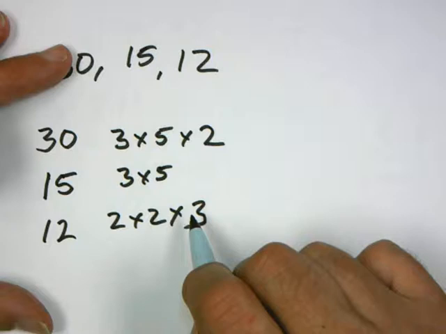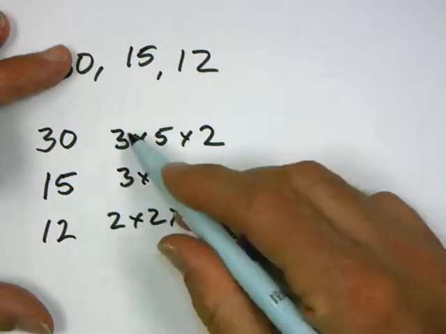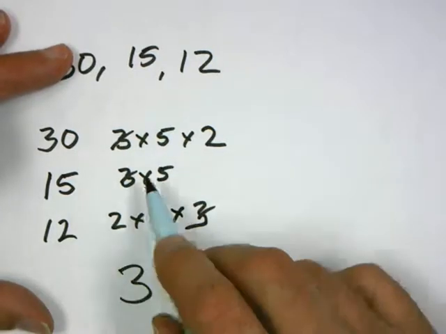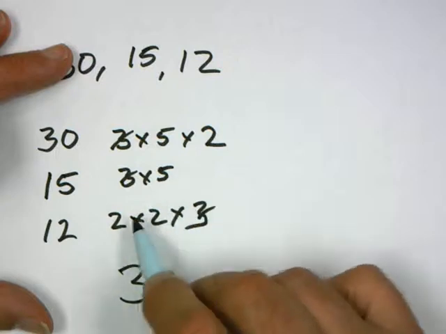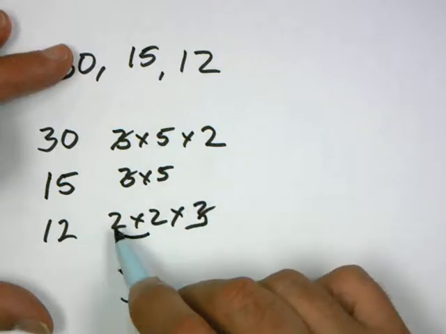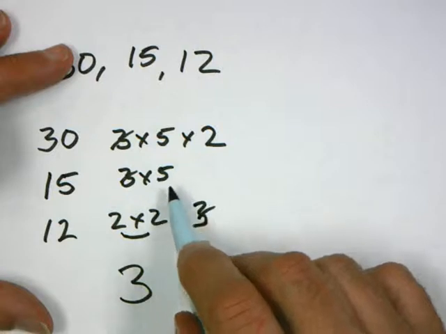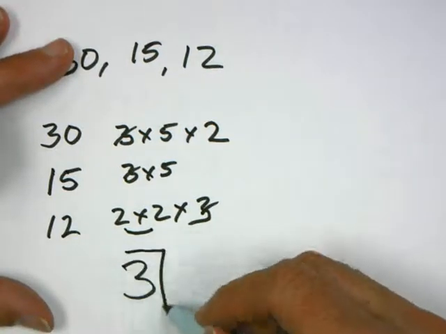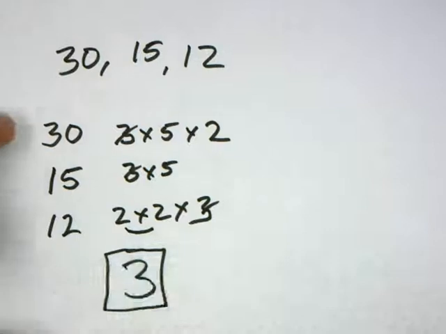So I can use the 3. But it doesn't appear I can use any others. This 2 I can't use. I can't pair these 2's together, they have to be from different numbers. And if I'm not multiplying by anything else, this is going to be my greatest common divisor. The greatest common divisor between 30, 15, and 12 is 3.